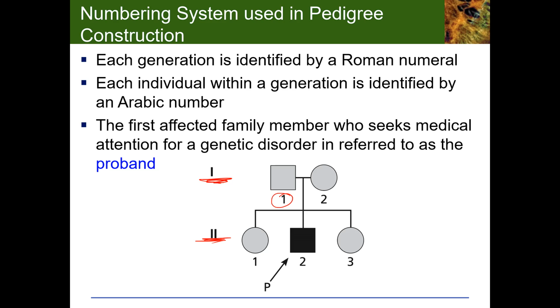So here you've got individual 1, individual 2, and then their children would be child 1, child 2, child 3. Usually they will list these in order of birth. So, for instance, daughter 1 was born before son number 2 or child number 2 here, and then there's a daughter that was born last.